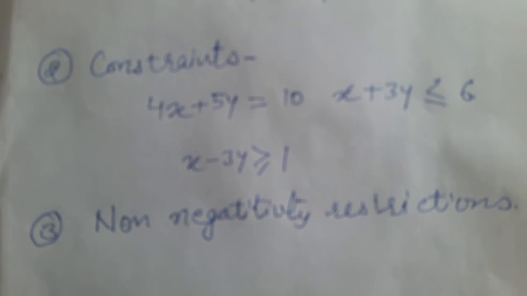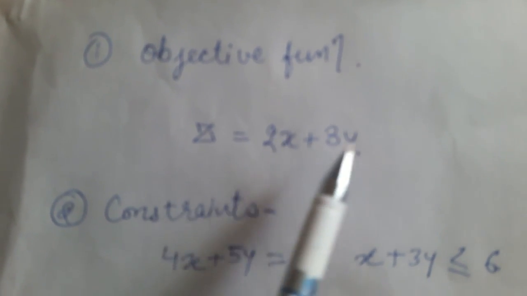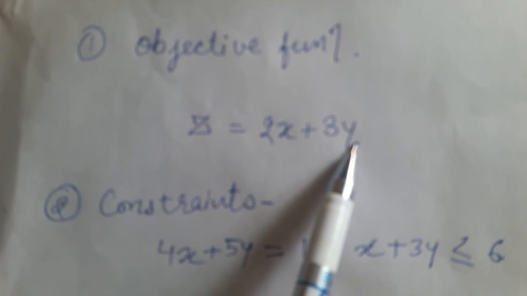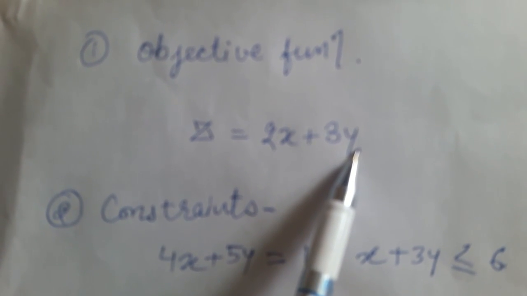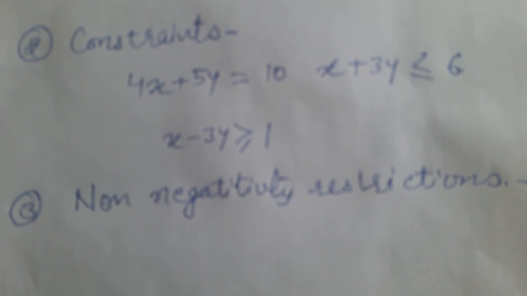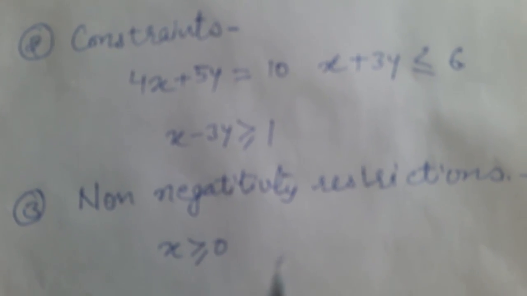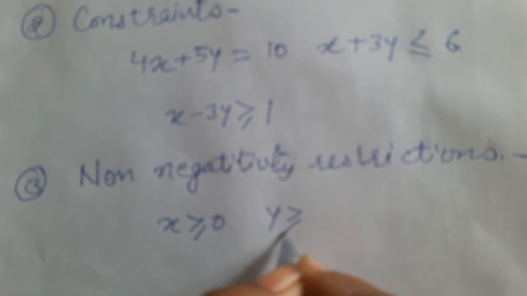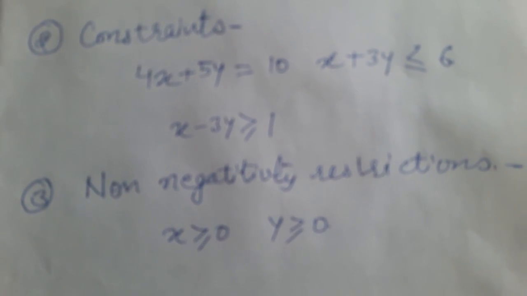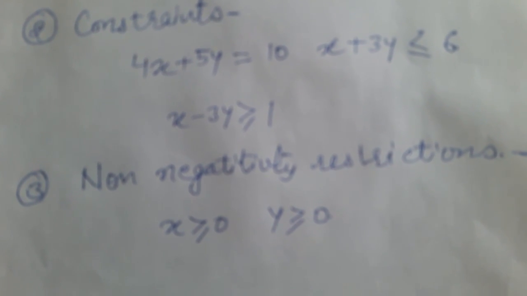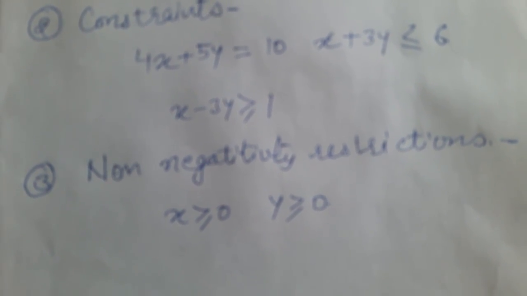That is, suppose x and y are the two variables of the objective function, then the non-negativity restriction is x must be greater than or equal to 0 and y also must be greater than or equal to 0. Let's start with the mathematical formulation of linear programming.